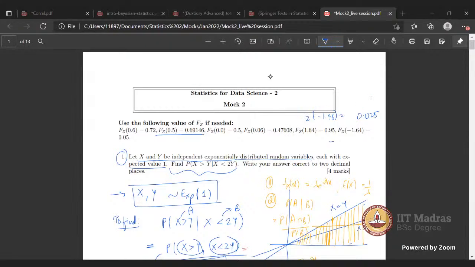There is a standard method to get the PDF of any given function of a continuous random variable.